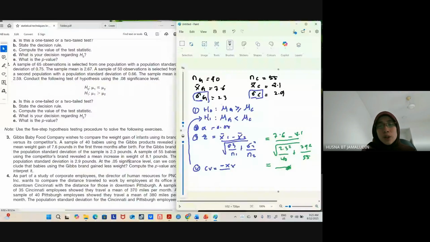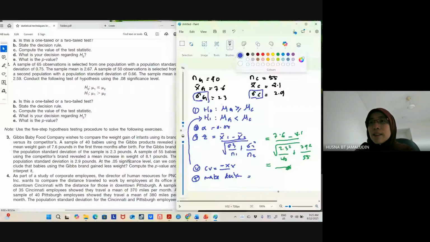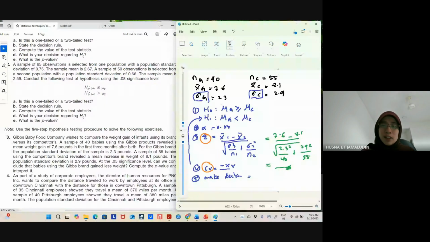So step number 5, you have to make your decision. When you make your decision, you have to compare what? You have to compare your answer for Z here and the answer for CV. If let's say Z falls under the rejection region, reject H0. If not, do not reject.